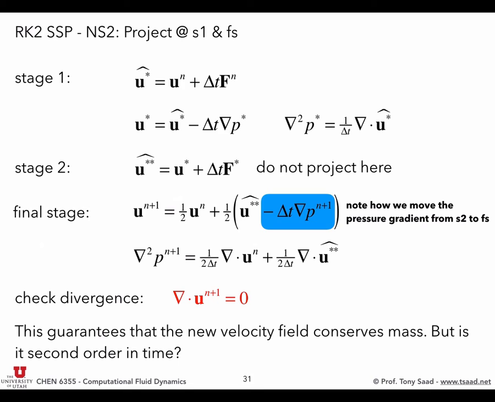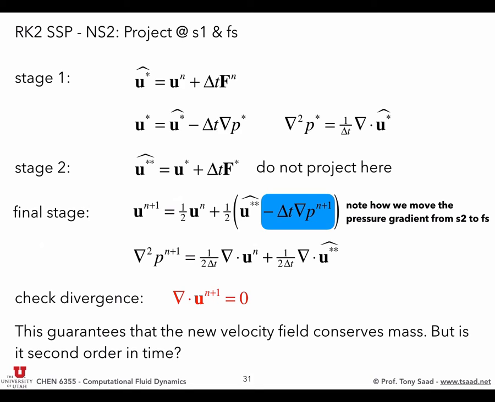So div u star is 0. At stage 2, you don't project. Just do a guess. But then at the final stage, where we are averaging, you have 1 over 2 u n plus 1 over 2 u double star. That's not divergence-free. And from this, you subtract a pressure. You correct it in the last stage.